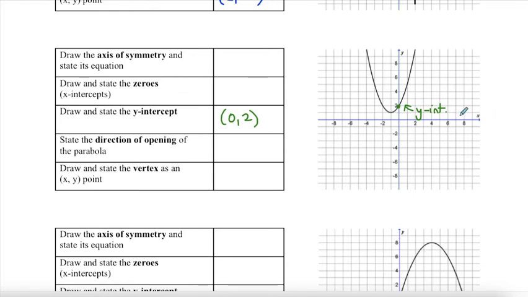Well, it never touches the x-axis. So there are no zeros, because it doesn't touch the x-axis. So you'll always have a y-intercept, but you might not have x-intercepts.